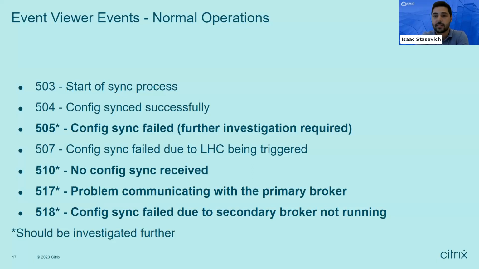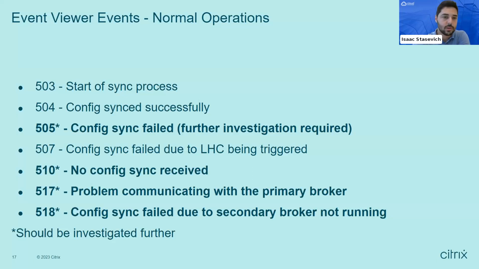If you see any of these events on your delivery controller or cloud connector, I would definitely recommend looking into it further to see what the problem is and make sure that you're available during localhost cache. This 507, so if you're in the middle of a config sync and localhost cache is triggered, it's going to scrap the config sync that was currently in process and go to the last healthy config sync.